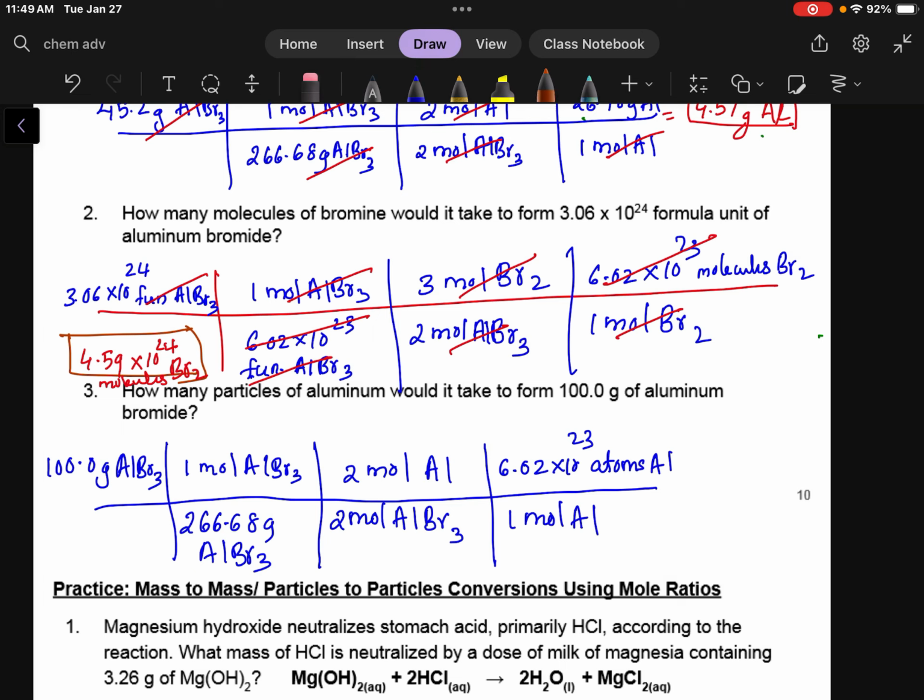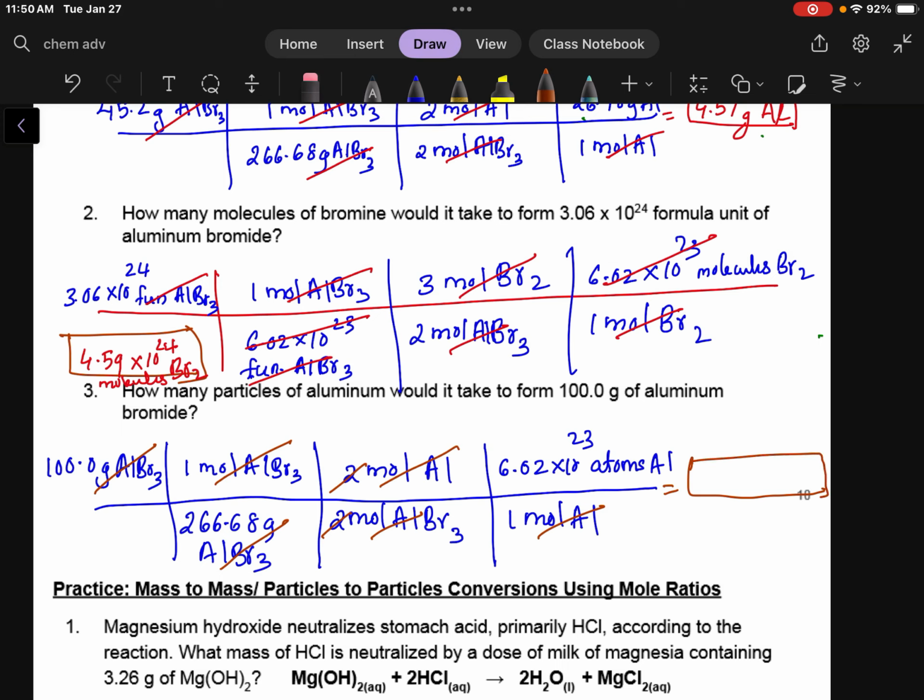Now we can cross out the units grams and grams. Always check whether it is diagonally matching, otherwise that means you messed up somewhere. So they are matching, and you can cross this 2 and 2 out. Then multiply and divide, and your answer will be, we need 4 sig figs.